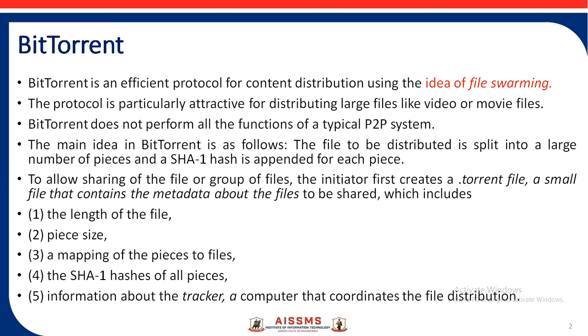That metadata contains the length of the file, how many pieces there are, the mapping of pieces to the file, and the SHA-1 hashes of all pieces. It also contains information about the tracker, the computer that coordinates the file distribution.